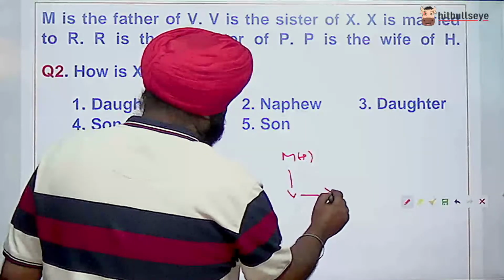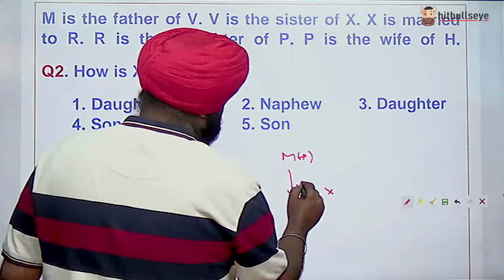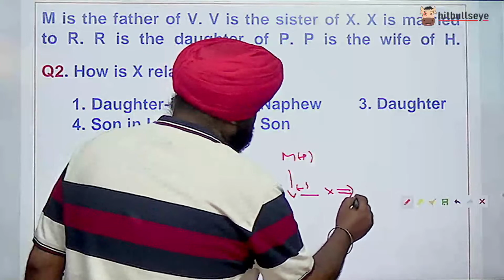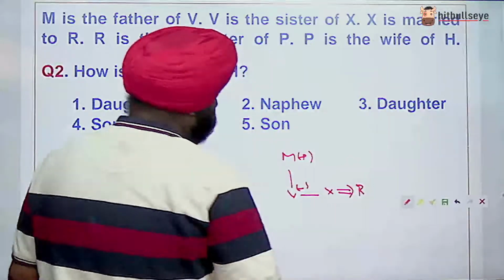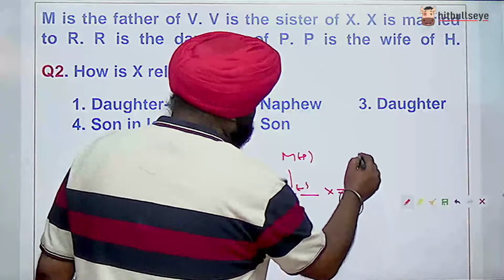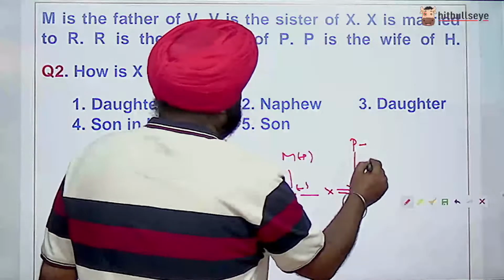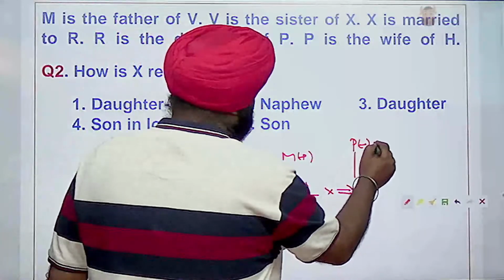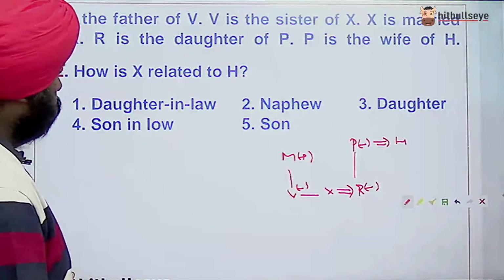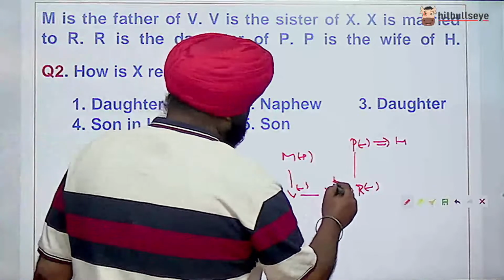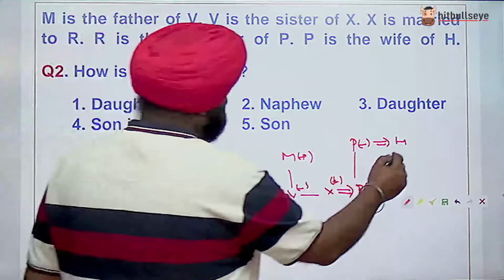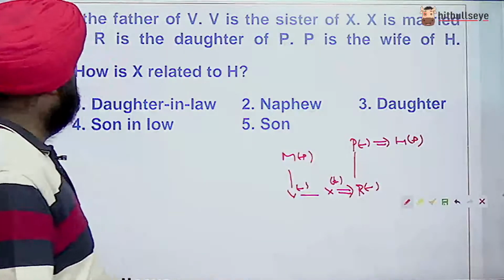V is the sister of X, so V's gender is known. X is married to R, so X and R are couples, since couples are shown by a double line. R is the daughter of P, so R's gender is now known, and P is the wife of H, so P's gender is female, and P and H are a couple. So X has to be male. Now how is X related to H?